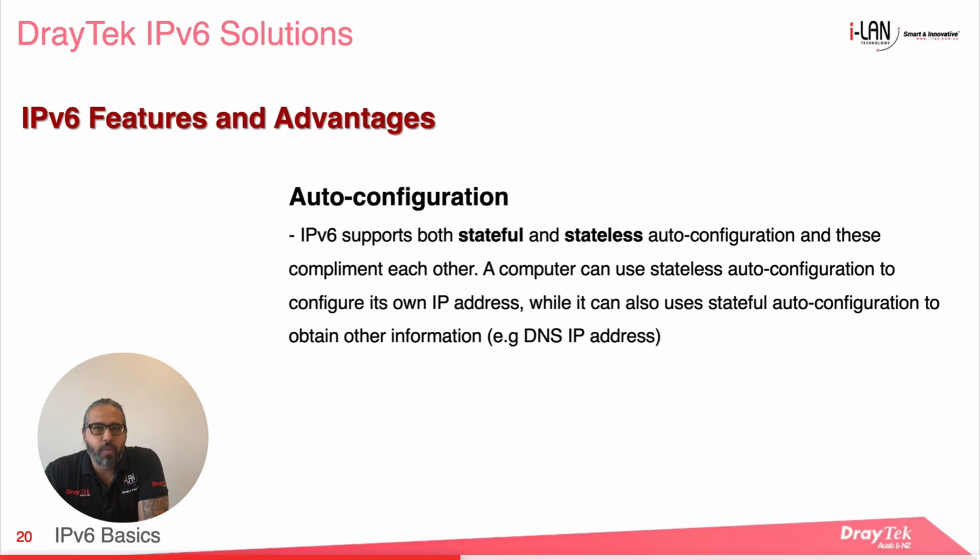IPv6 supports both stateful and stateless auto-configuration, and these complement each other. A computer can use stateless auto-configuration to configure its own IP address, while it can also use stateful auto-configuration to obtain other information like DNS IP addresses.